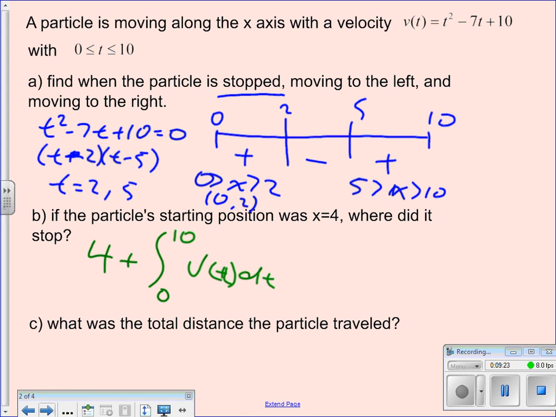Notice I did not write the equation. I did not put in the integral of t squared minus 7t plus 10. I can. Those two are equivalent answers.